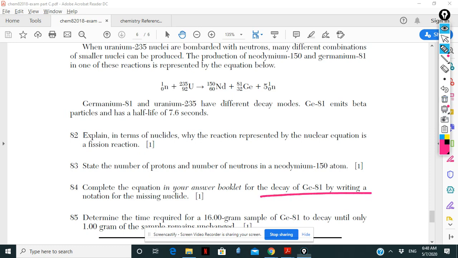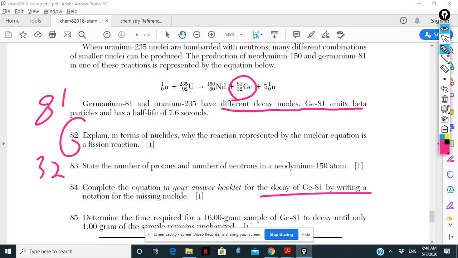One of the decays is for gallium 81, 32, and it's beta, so it emits a beta particle. The particle is going to be at the end.